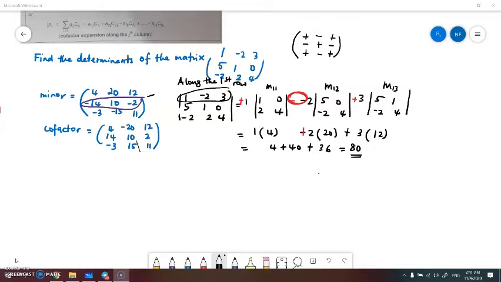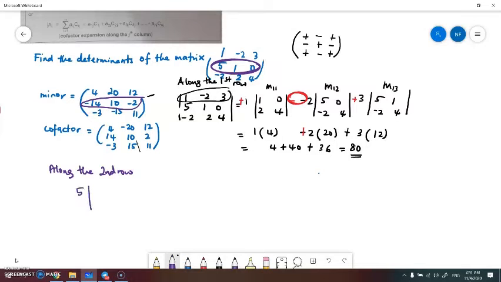As I mentioned before, we can use any row or any column to find the determinant. Using the same example, let's find the determinant of the matrix by using the second row. Your second row is 5, 1, 0.